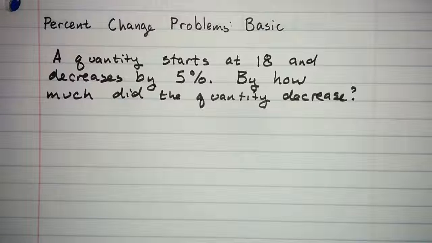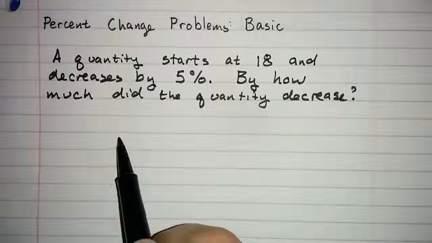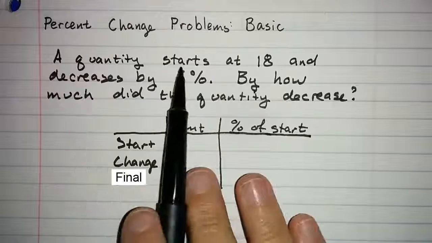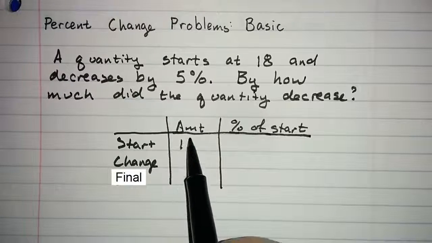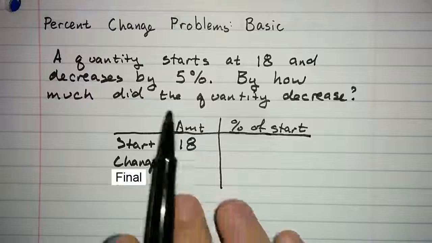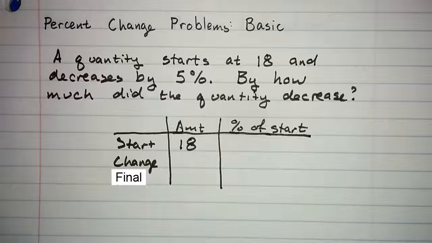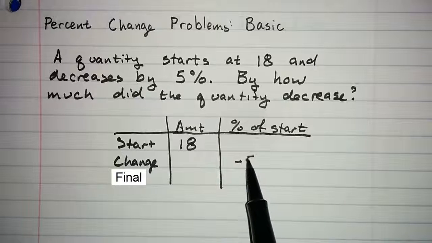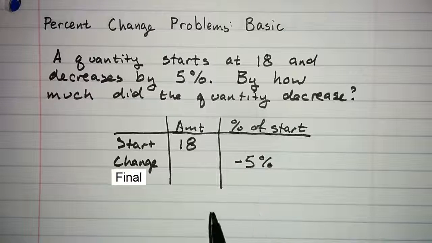Well, whenever we're thinking about percent change, we should not necessarily write down, but think of all of the quantities that might be involved. In this problem, we're told that the starting value is 18. The percent change was a 5% decrease, so percent change of -5%.